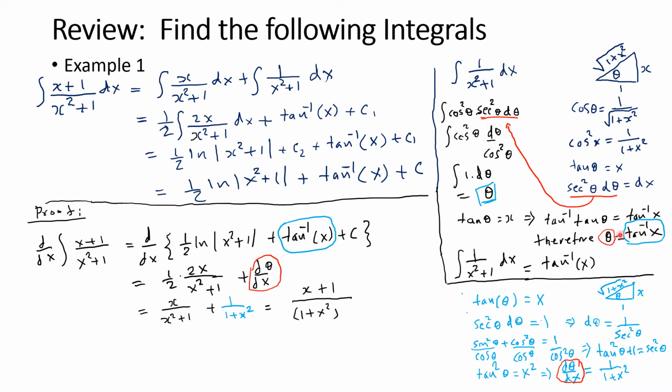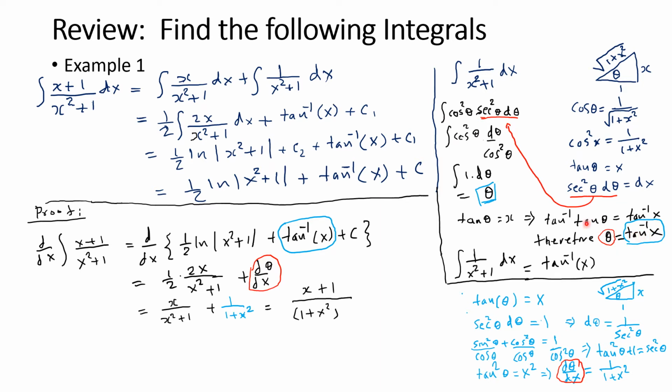So we have theta over here, which is the answer. Since theta is the answer, we can conclude that the integral is tan inverse of x, because theta is equal to tan inverse of x.